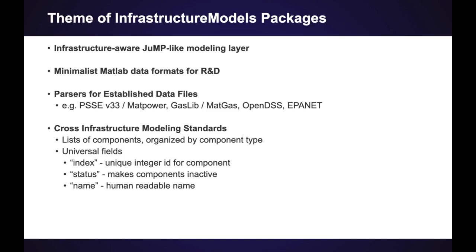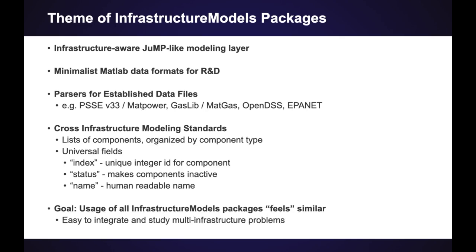And then across all these infrastructure modeling packages, we have certain standards in how the code is organized and how the data is organized. For example, there are lists of components that are organized by component type. Each component has some standardized universal fields like an index, which is a unique integer ID, a status, which tells you if the component is active in the current analysis or not, and a name, so you can give them a nice textual name for display purposes.